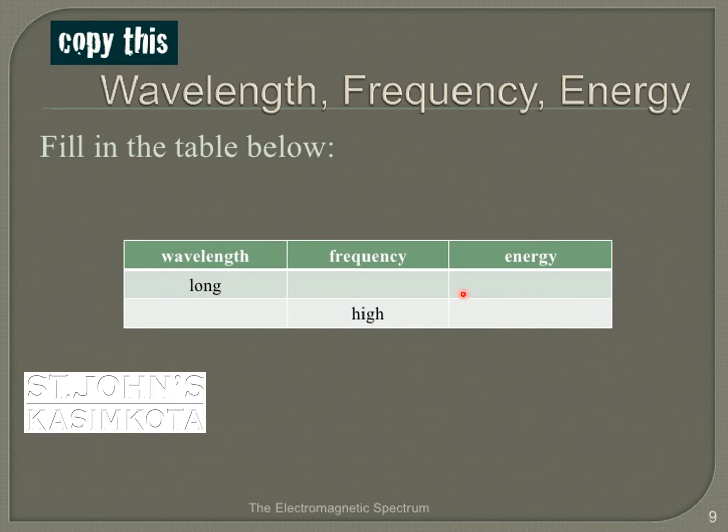Now the next one. Here it's given that frequency is high. Then wavelength is short, and the energy of this high frequency is also high. Okay, are you clear? Shall we move on to the next one?